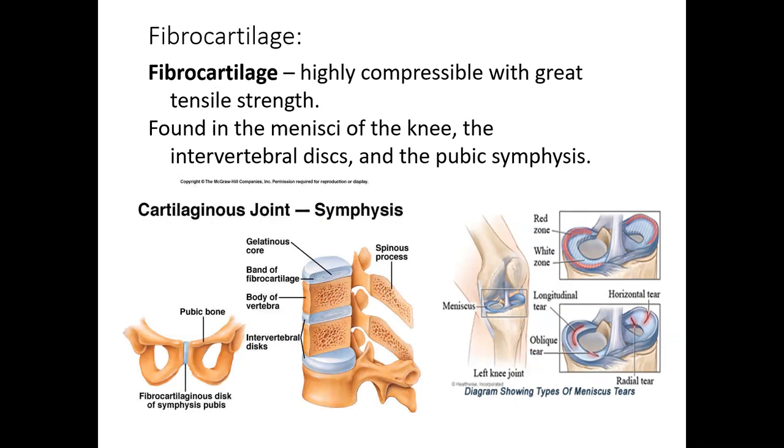Some examples would be pubic symphysis, the annulus fibrosus of the intervertebral disc, meniscus of the knee, the TMJ, which is the temporomandibular joint. That is a tongue twister. Just to give you some locations of where you can find it.